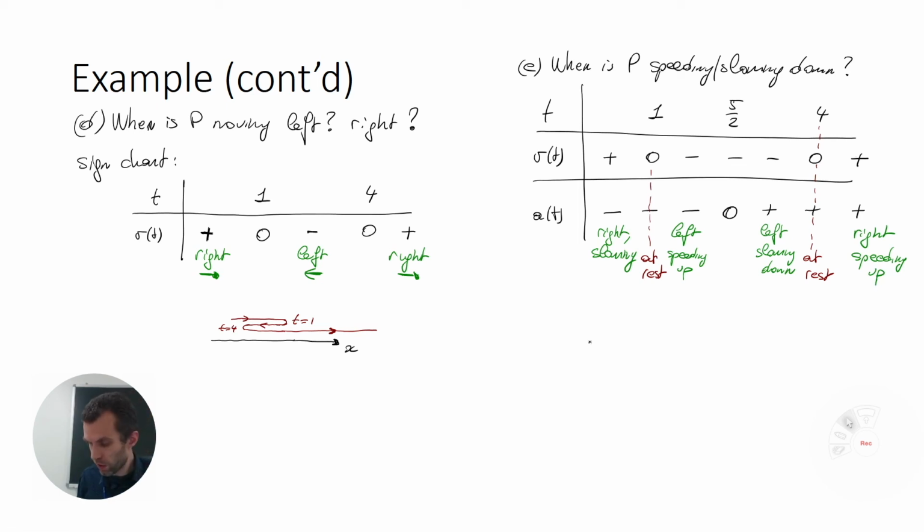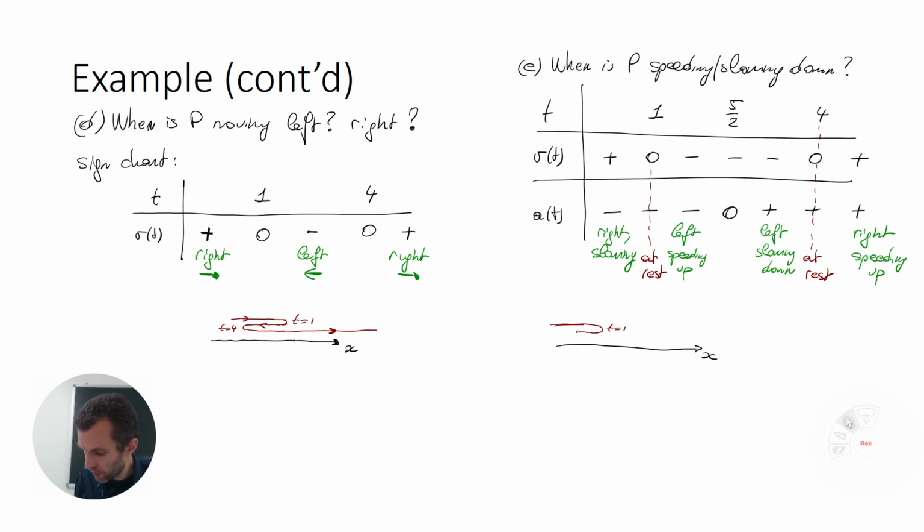And you can again try to visualize that on the trajectory of the particle. The particle comes in from the left and it moves to the right, and it's initially quite fast, but then it has to slow down because again at t equal to 1 it has to stop and start moving in the opposite direction.